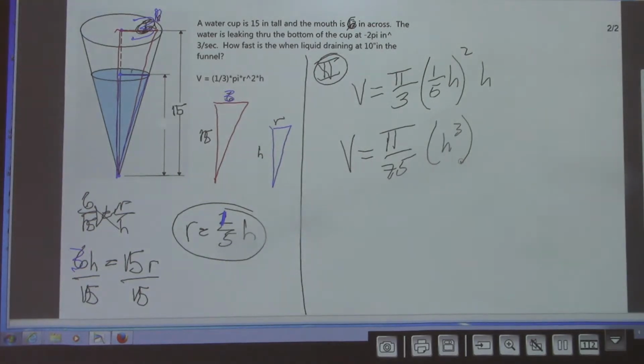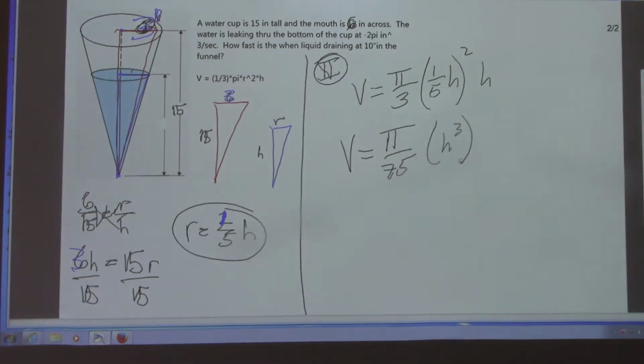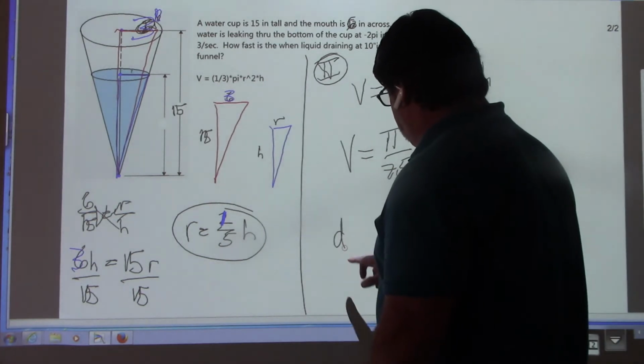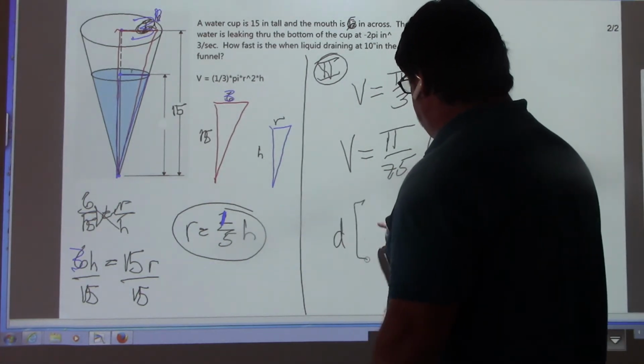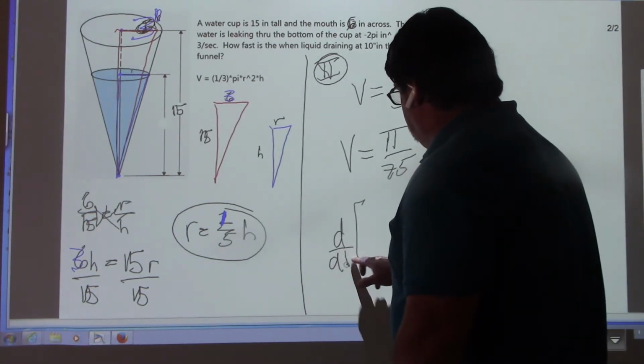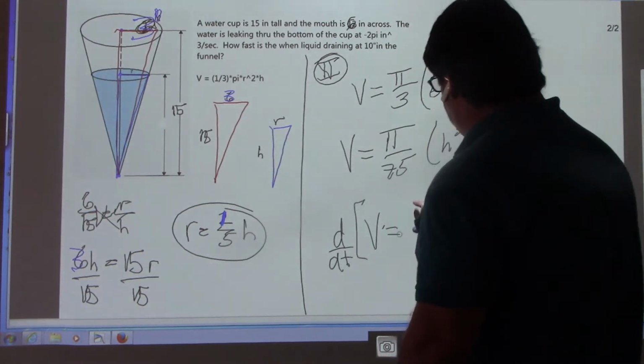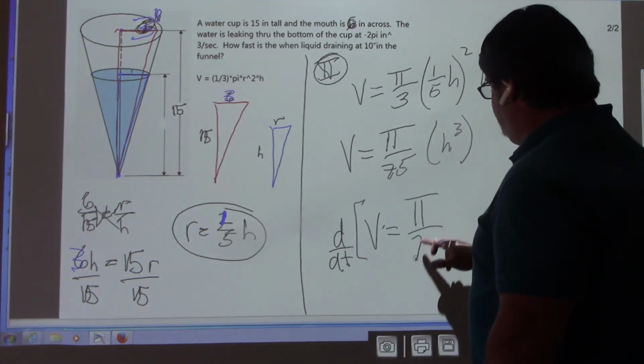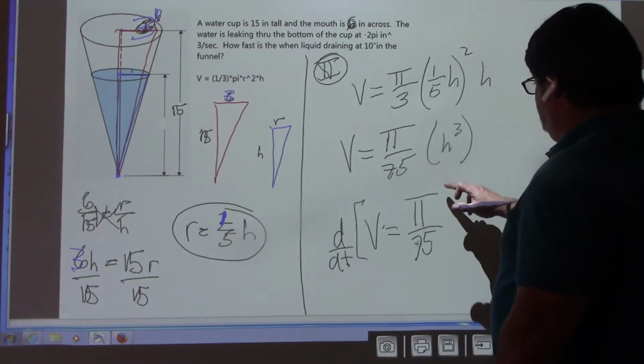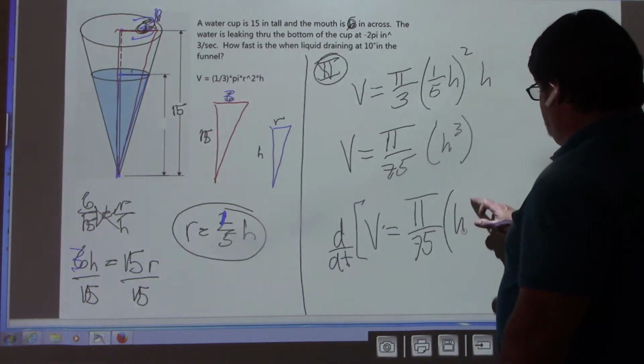Now we can go ahead and take the derivative of that with respect to time. d dt of V is equal to pi over 75 times H cubed.